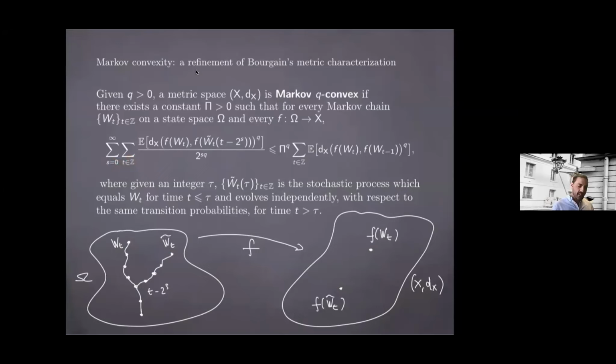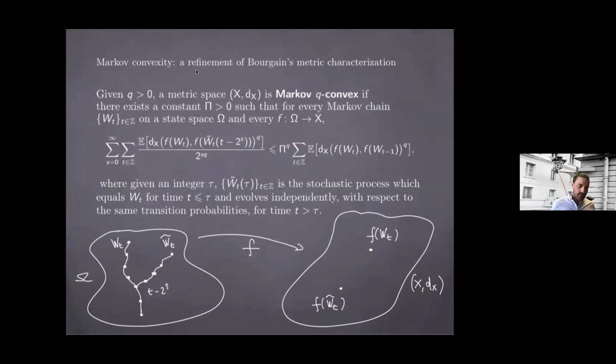And on the right-hand side, what you're looking at is the distance between the images of two positions in the random walk, but just with a unit increment of time. And you take the sum over all the times, and if the quantity on the left is less than some constant times the quantity on the right, you say that the space is Markov q-convex.